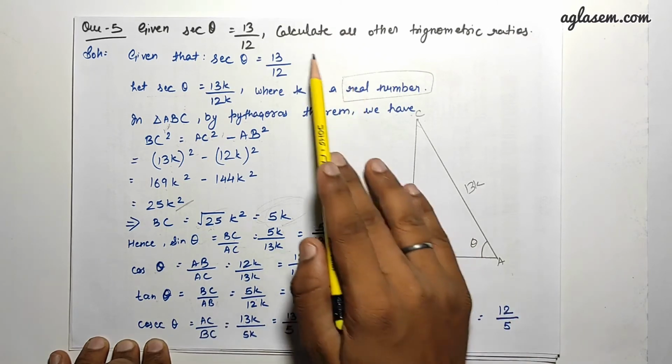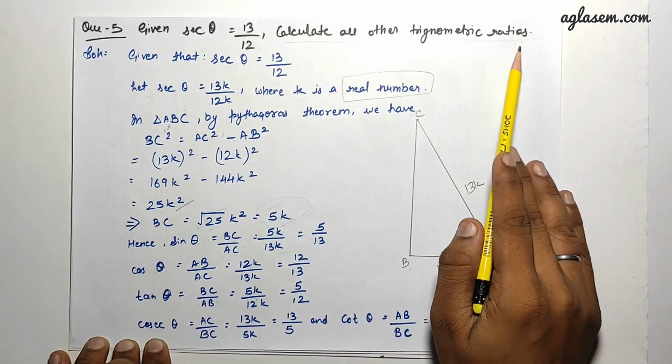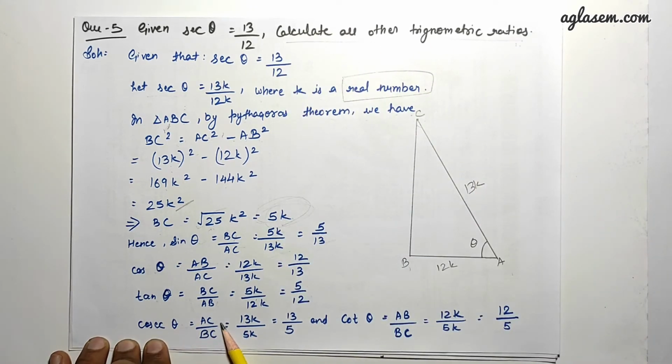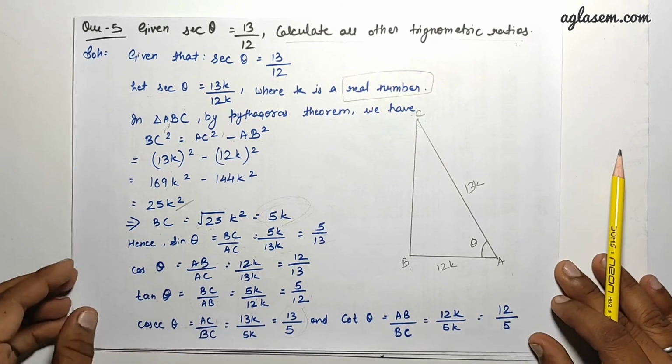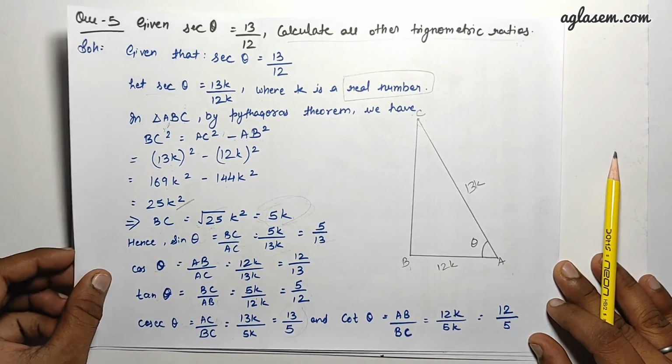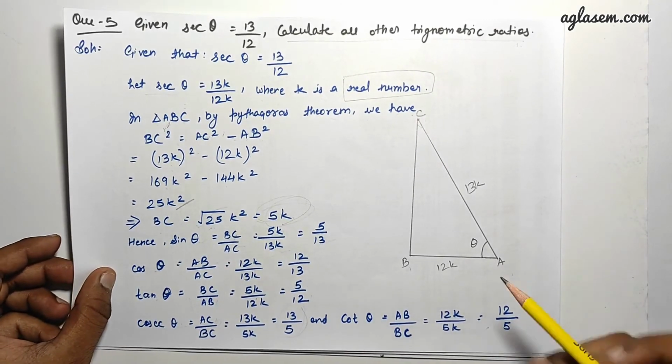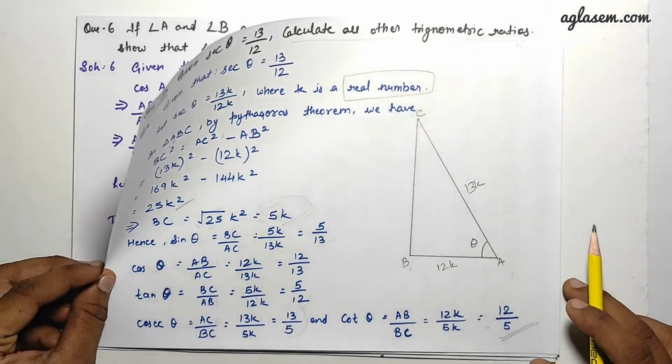Here we have to calculate all the other trigonometric ratios. So cosec q is equal to AC upon BC, which is 13k upon 5k, which is 13 upon 5, and last but not least, cot q is equal to AB upon BC, which is 12k upon 5k, which is 12 upon 5.